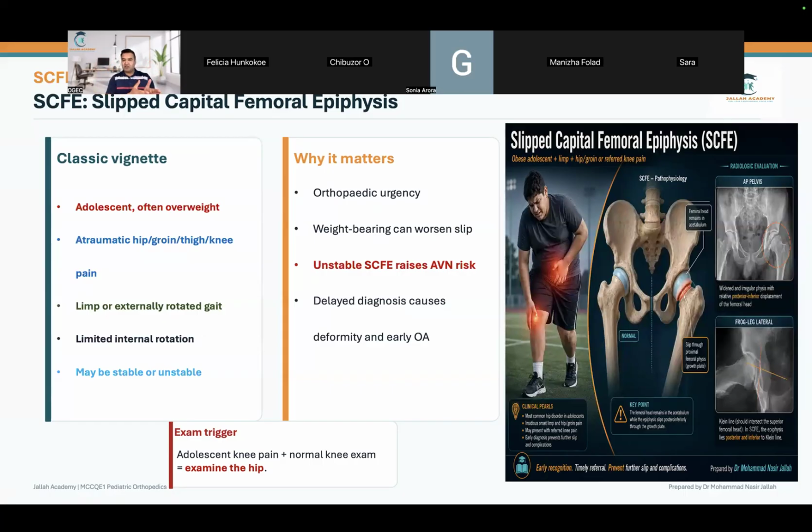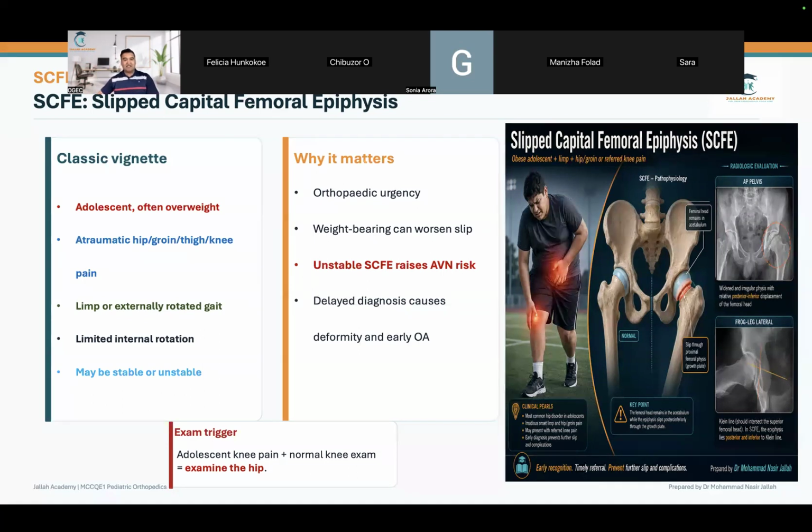So the patient is an adolescent, 13 years old, overweight, with no trauma: atraumatic hip pain. So no trauma, and hip, groin, and knee pain. In some cases, they also mention the thigh. But actually, the problem is the hip itself.